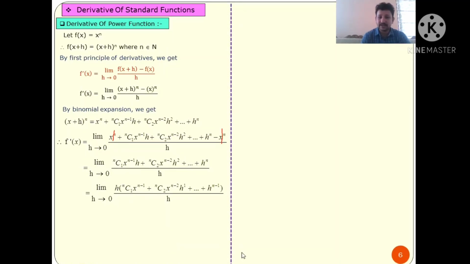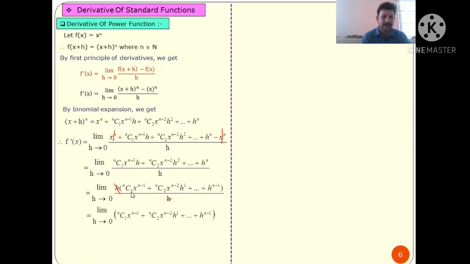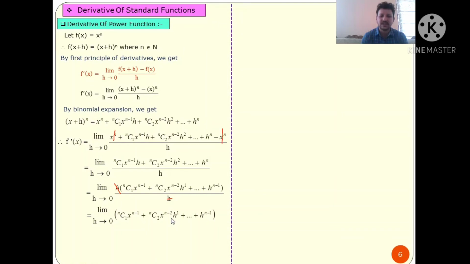With h common taken, the denominator h and numerator h get cancelled. The remaining terms in the limit as it is: limit h tends to 0 of nC1 x raised to n minus 1 plus nC2 x raised to n minus 2 h raised to 1, and so on. Now put the limit as h tends to 0, that is, the value of h as 0.